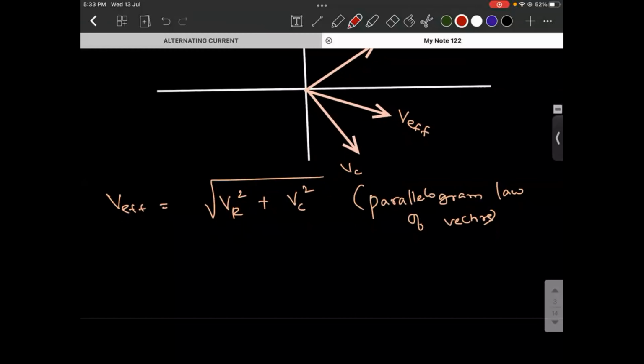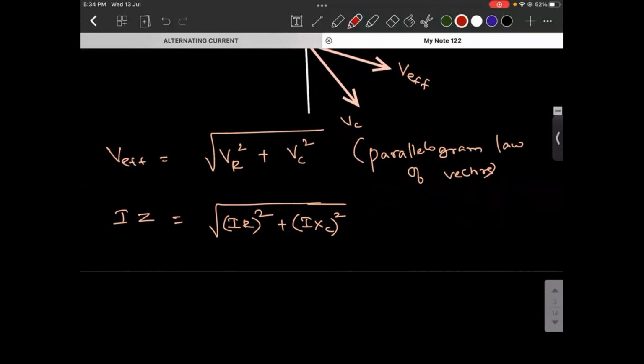And for V effective, what I will write is, I will write I into a parameter called Z. What is that Z? I will explain it later. So I write it as I into Z will be equal to square root of I R square plus I XC square.